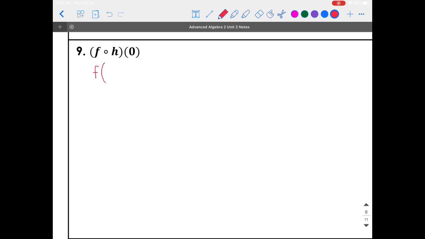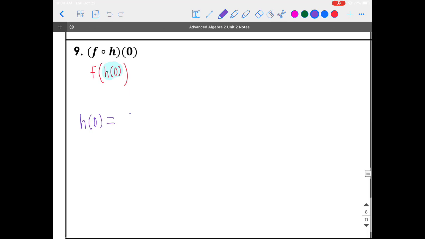Number 9, that's the one that's written that funny way. So rewrite it. This would be f of h of 0. So I just kept the letters. It's very important that you keep the letters in the same order. So I'm going to do the h of 0 first. That's 5 times 0 minus 3.